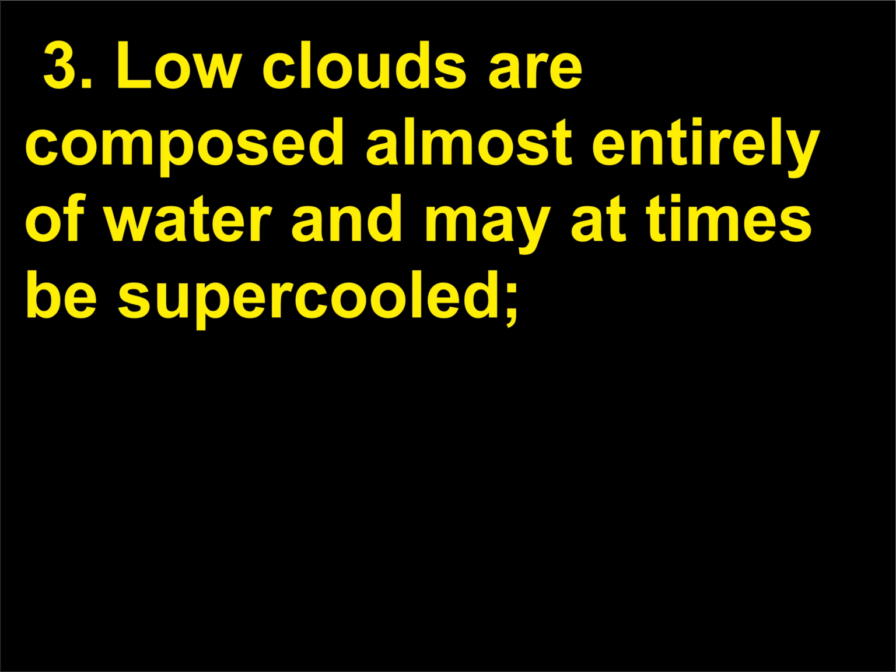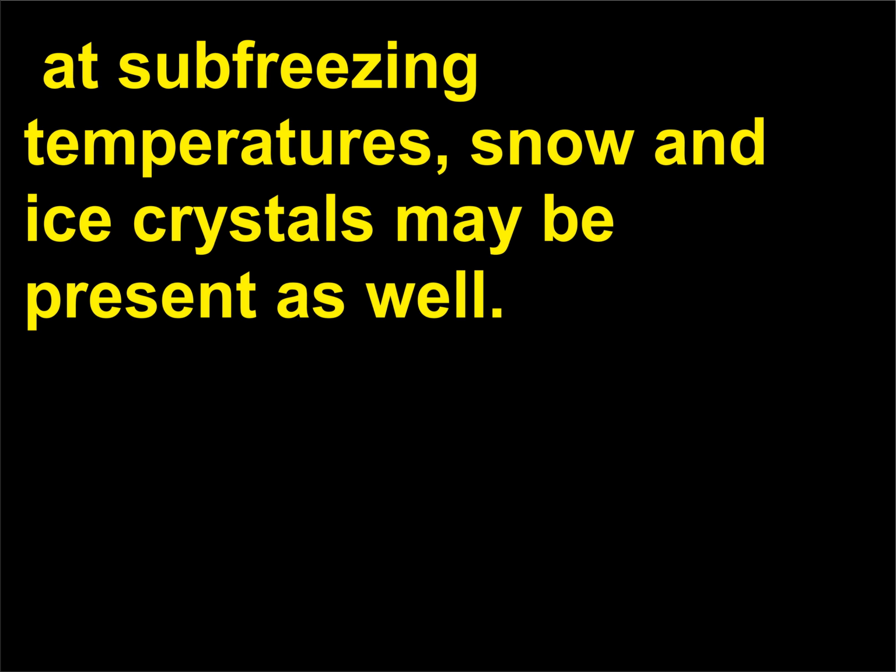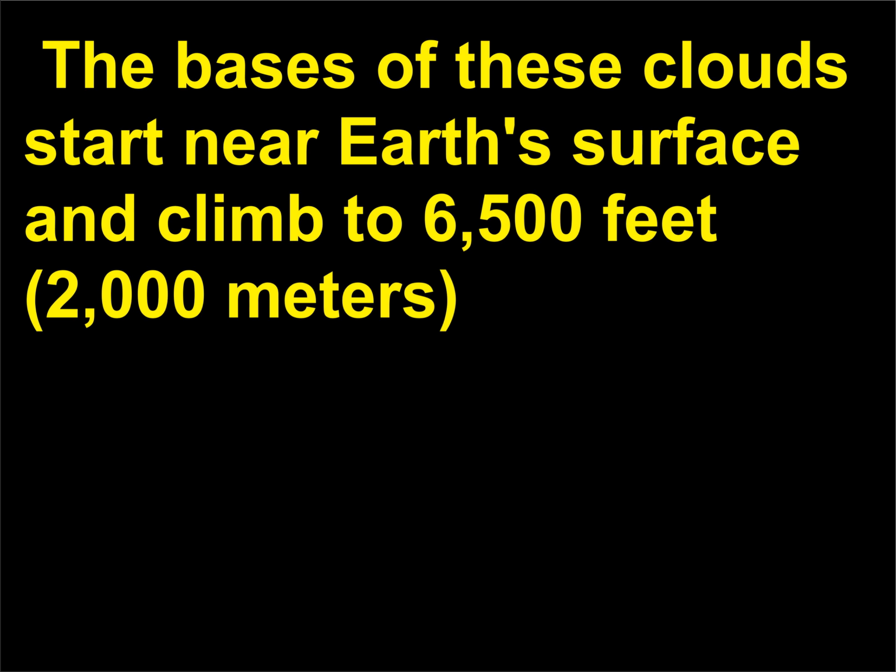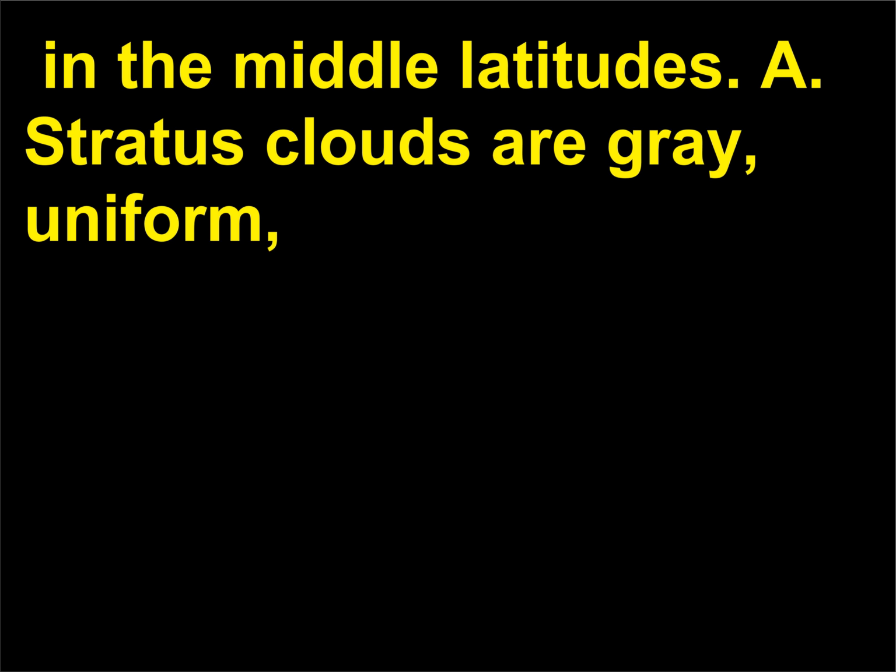3. Low clouds are composed almost entirely of water and may at times be supercooled. At subfreezing temperatures, snow and ice crystals may be present as well. The bases of these clouds start near Earth's surface and climb to 6,500 feet, 2,000 meters, in the middle latitudes.